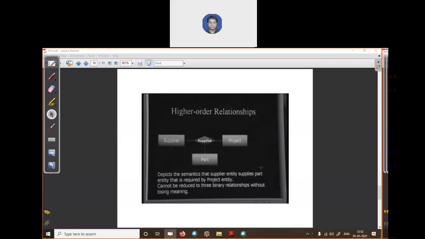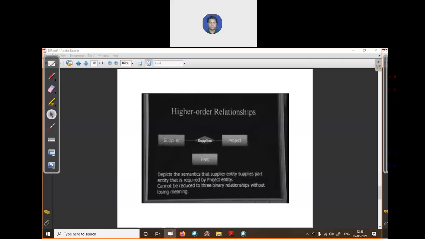And when more than 3, it's called an n-ary relationship, meaning n number of entities are participating in that relationship. So a higher order relationship is when more than two entity types are participating in that relationship. Like we have shown in an example: supplier, part, and project.